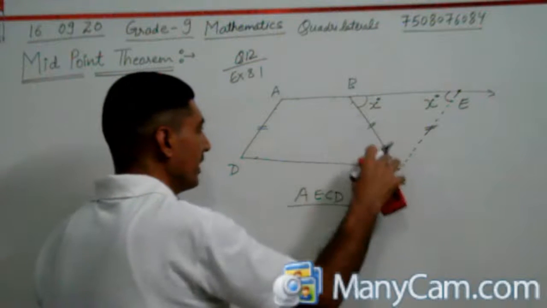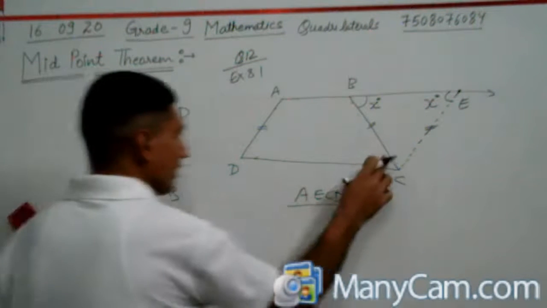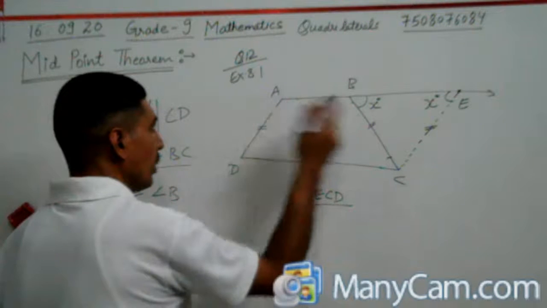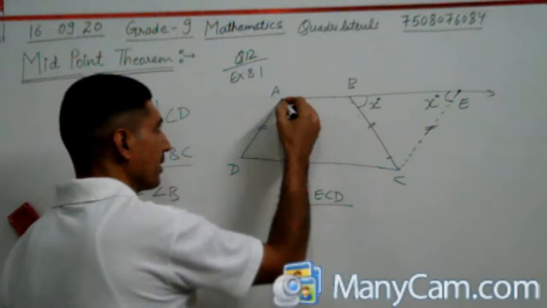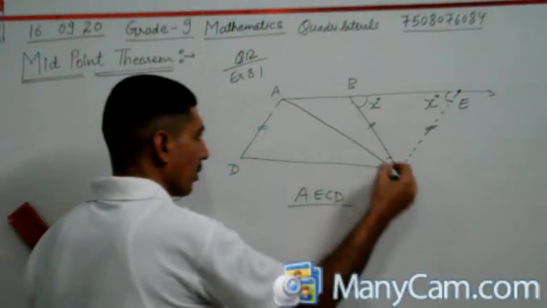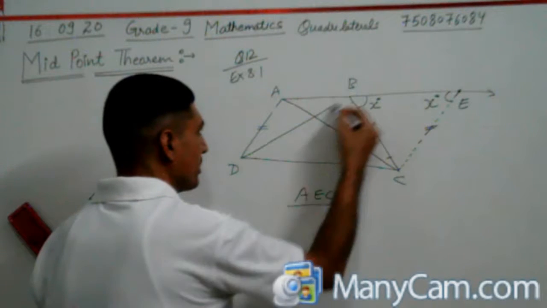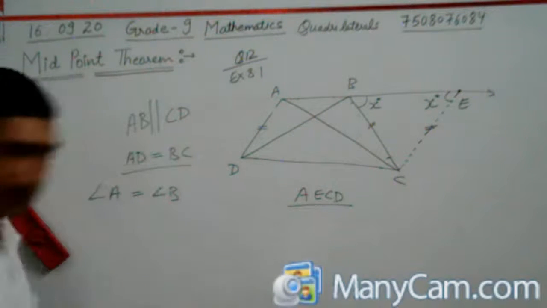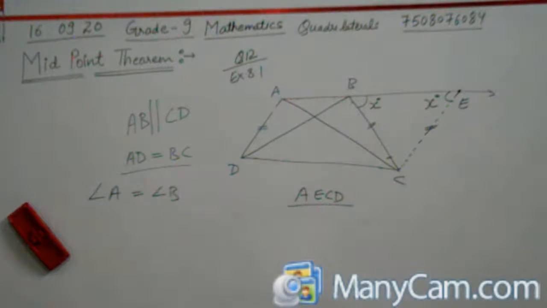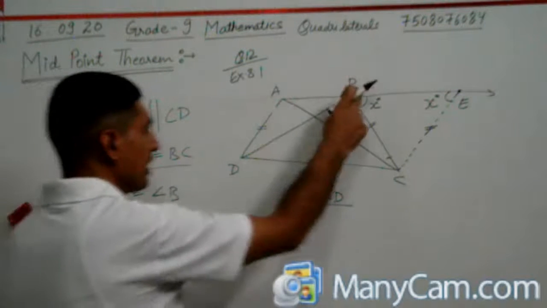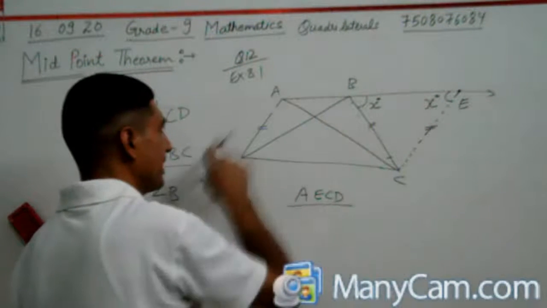the two triangles, that is triangle ABC and another triangle BAD.